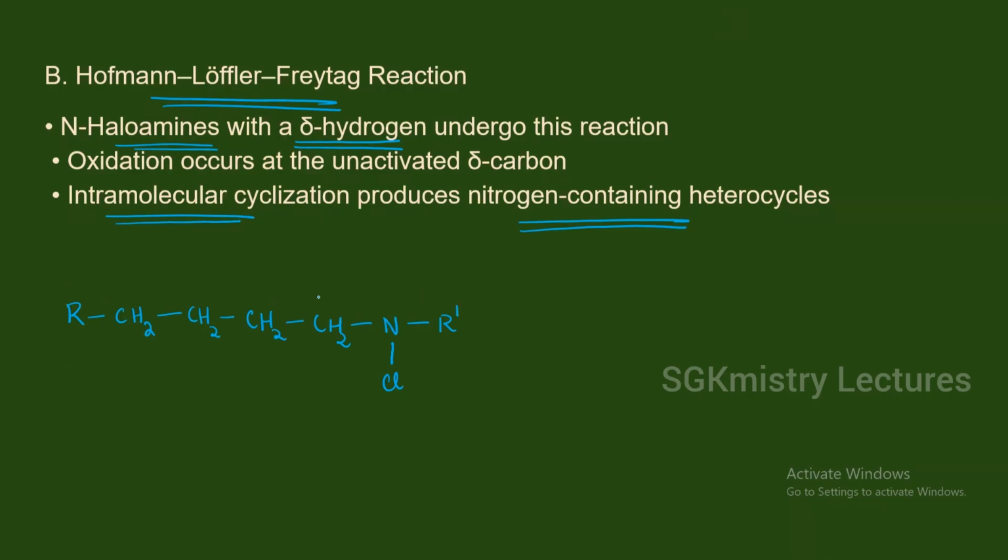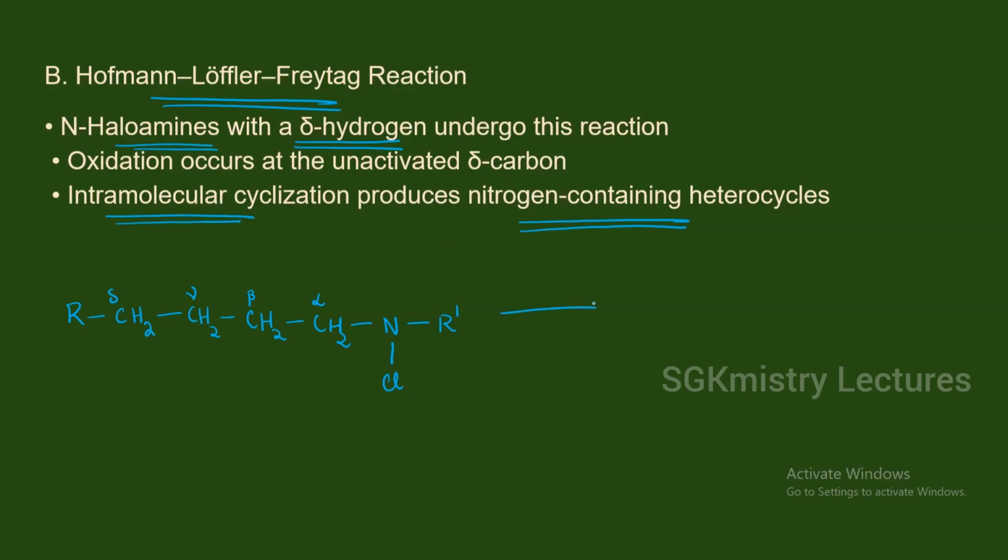Now see here, this is alpha, beta, gamma, delta. You can easily see that there is a delta carbon which has two hydrogen atoms attached to it. This is an N-haloamine, with a delta carbon having two CH bonds at the delta position.